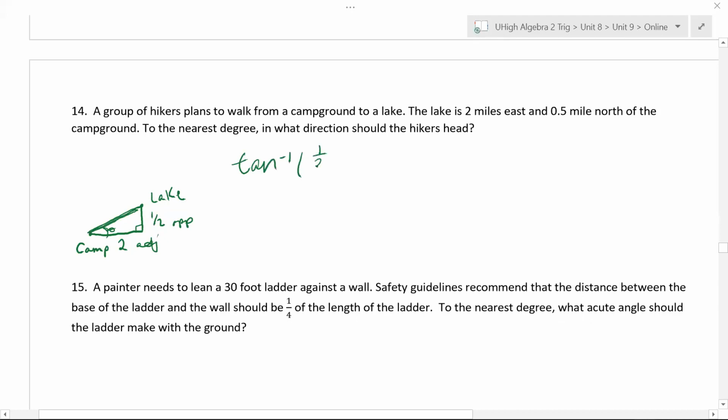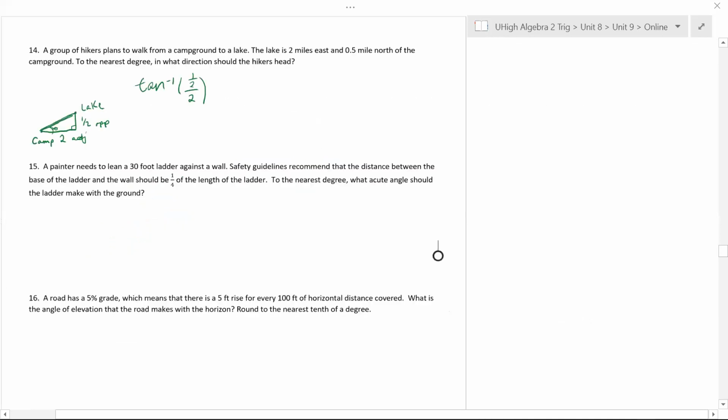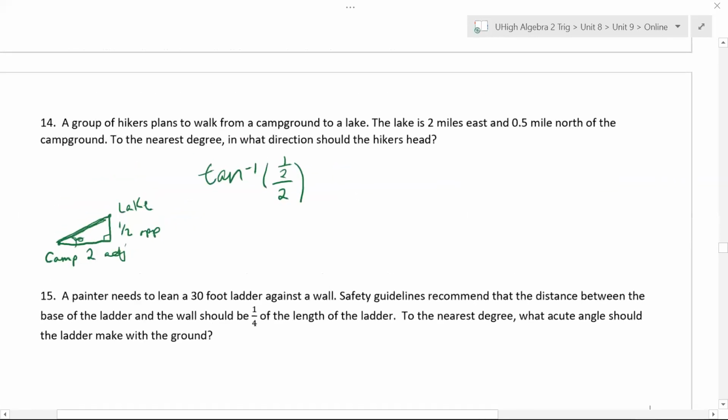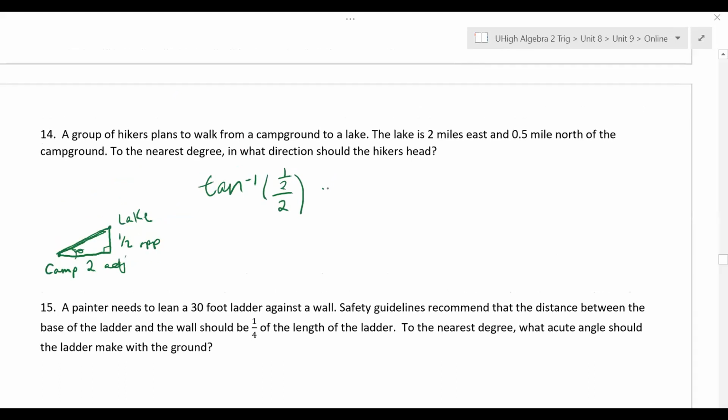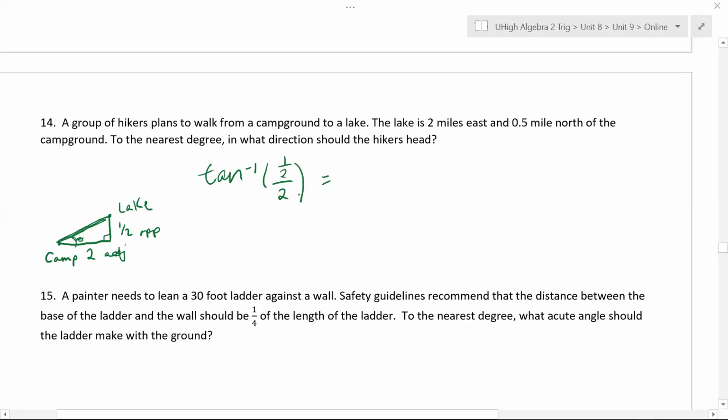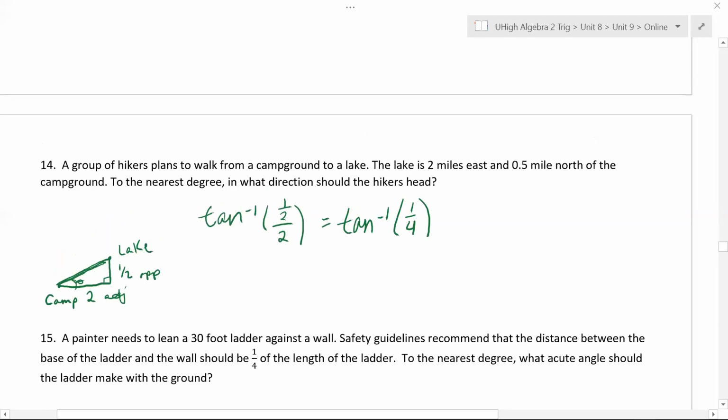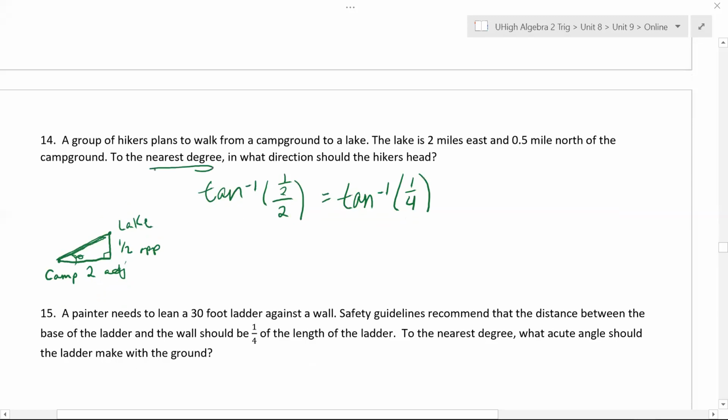Inverse tangent of opposite over adjacent, which is 1/2 over 2. 1/2 over 2 isn't a number, so I'm going to rewrite this. 1/2 divided by 2 is the same as the inverse tangent of 1/4. If I type that into my calculator, to the nearest degree, I'm going to get approximately 14 degrees.